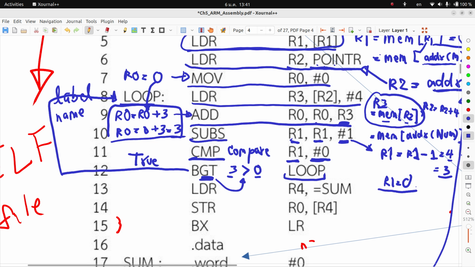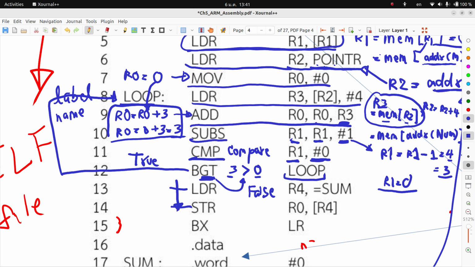What happened when R1 becomes 0? GT is false, right? GT is false and no jump, continue. Okay? No jumping back to the loop.